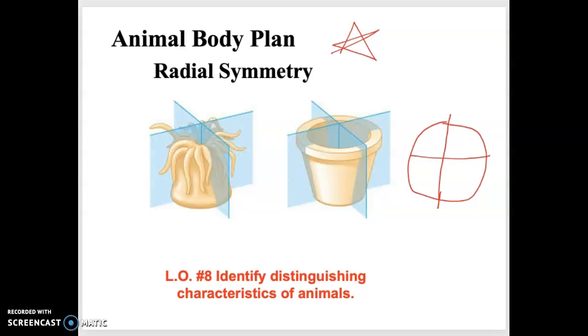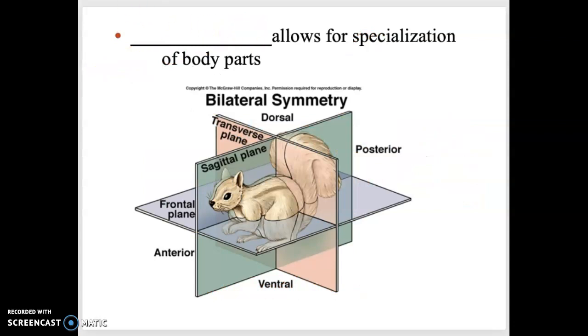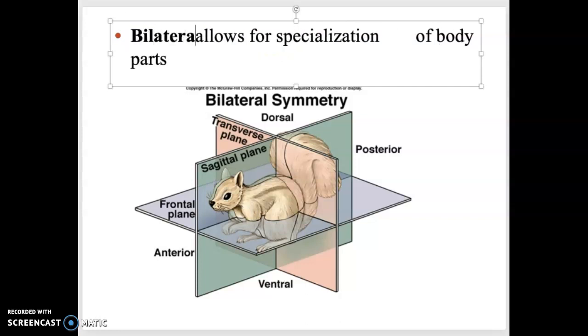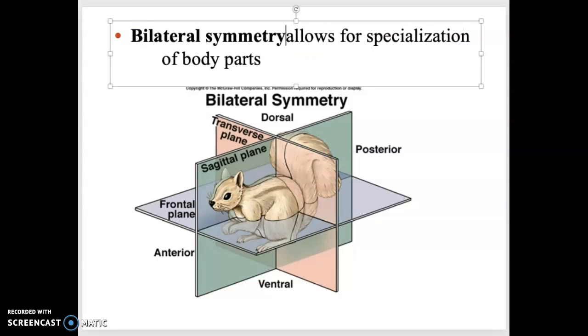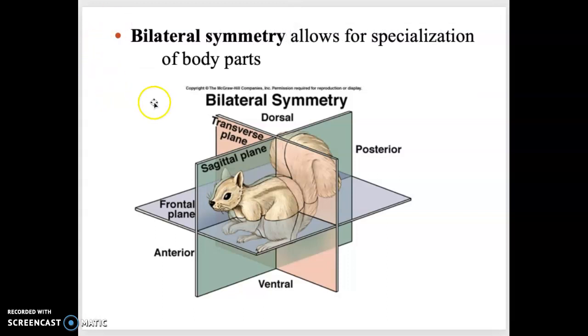Other animals exhibit what's called bilateral symmetry. Now, bilateral symmetry changes the game. You cut at a different angle. I'm going to cut the squirrel down the middle this way.